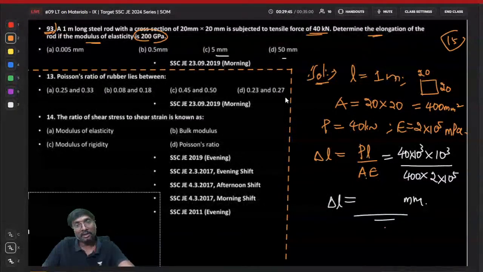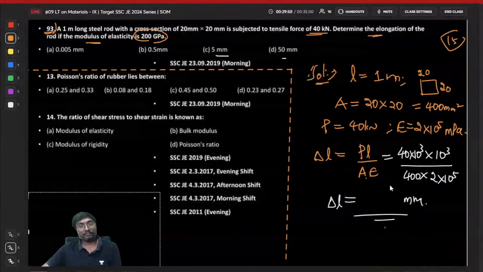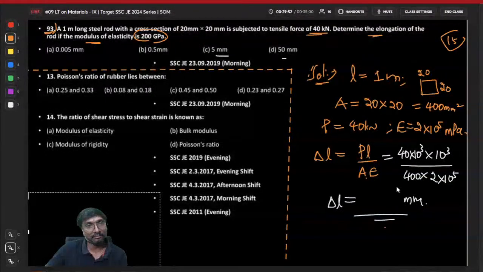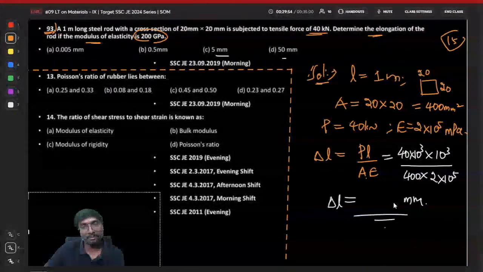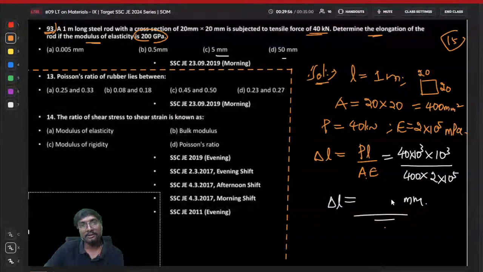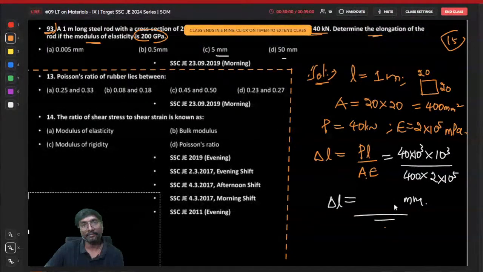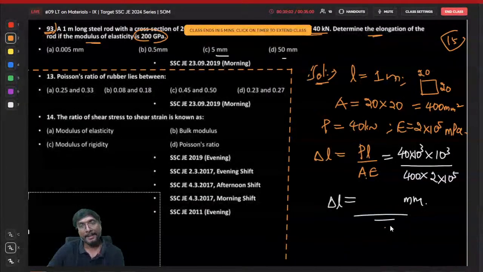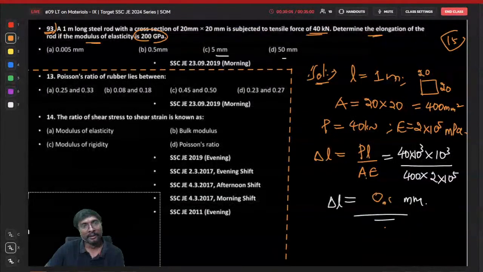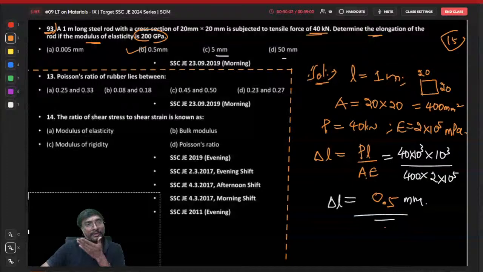Got it now? How many millimeters is delta L, all of you? 0.5. So option B is the correct answer.